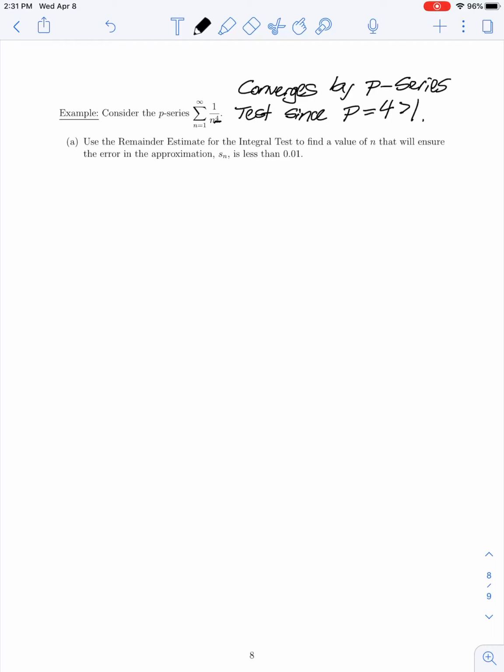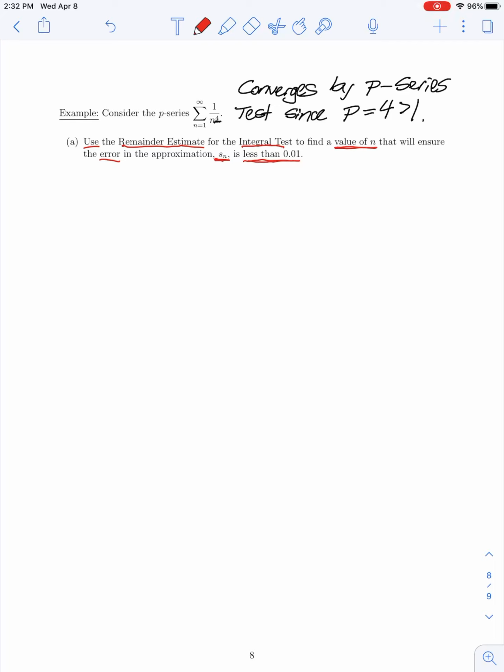So we know that this infinite series has a sum, which we're going to call S. And if we want to approximate it, we could use the sum of the first so many terms. So in this example, the question is, how many terms do we need to add to get a desired accuracy? Here we are told to use the remainder estimate for the integral test to find the value of n such that the error in the approximation using the nth partial sum is less than 0.01 or 1/100th.